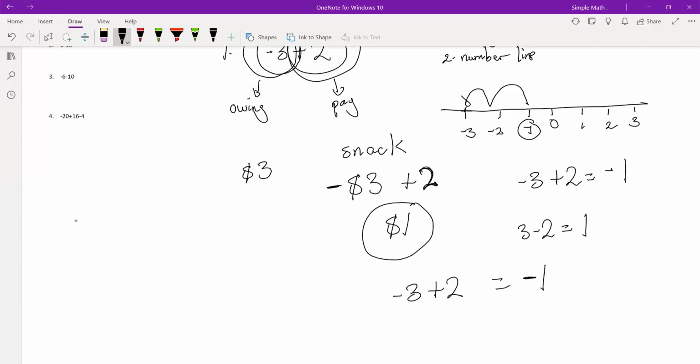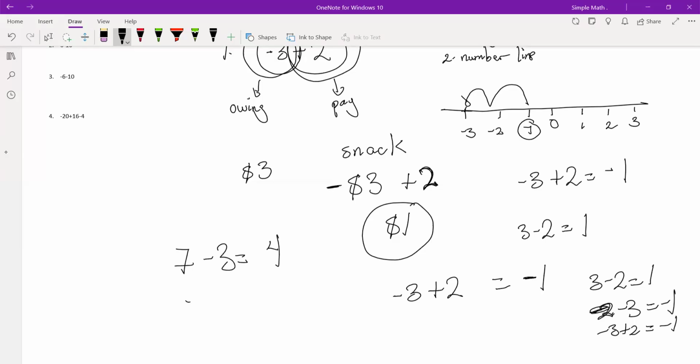So if we have 3 minus 2 equals 1, then minus 3 plus 2 will equal minus 1. That's just it. For example, I know that 7 minus 3 equals 4.